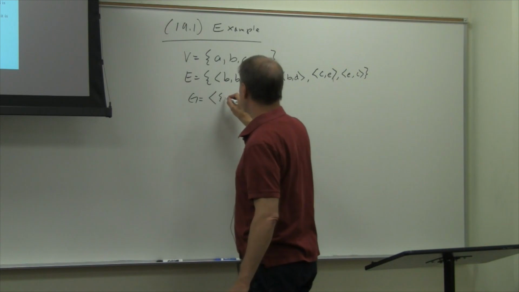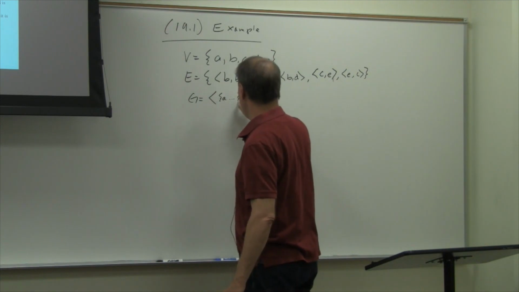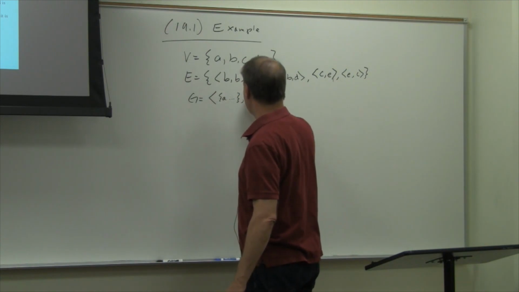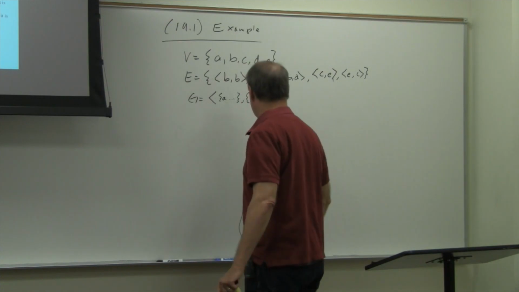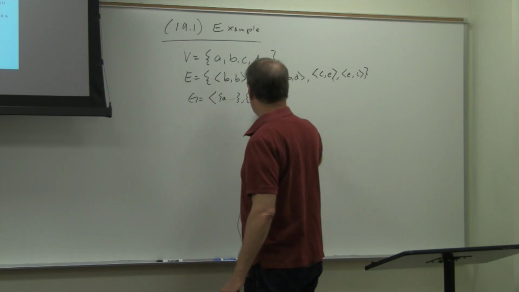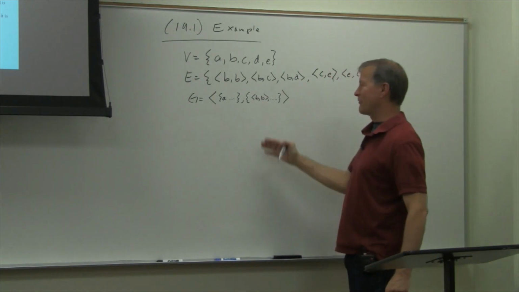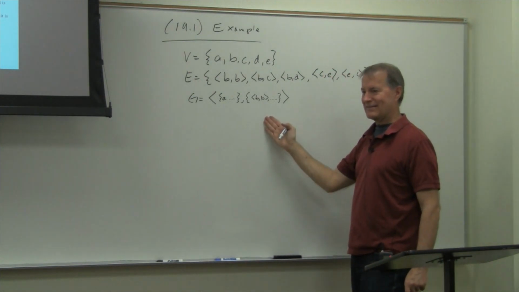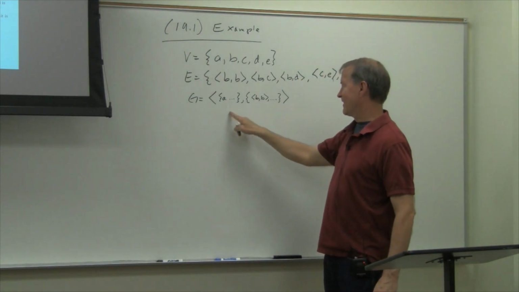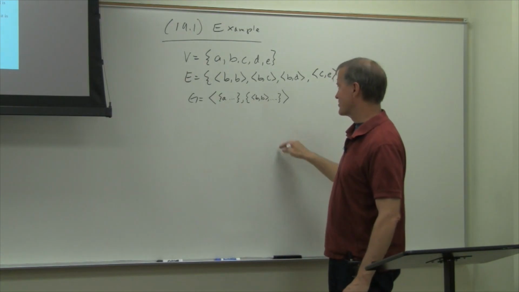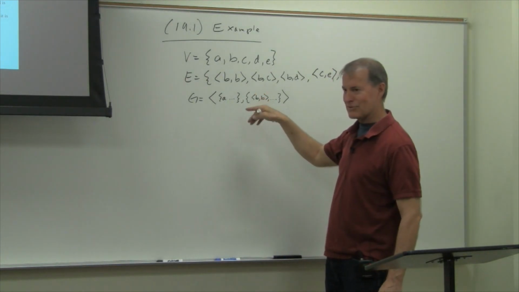Our G would be the set V, and then the set of edges, BB, and so on. If we were to write this out, inside G is V and E. I just wanted to show you the structure, okay?